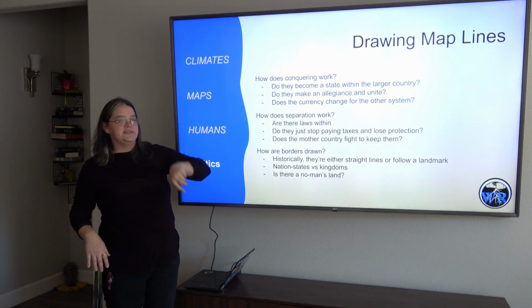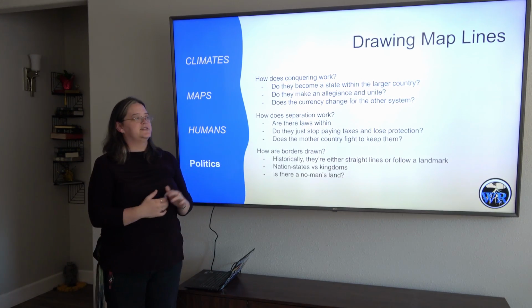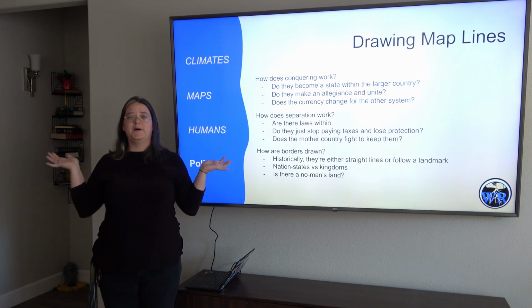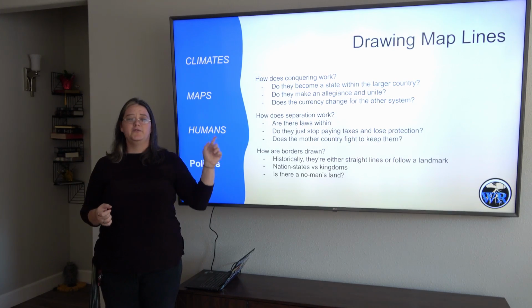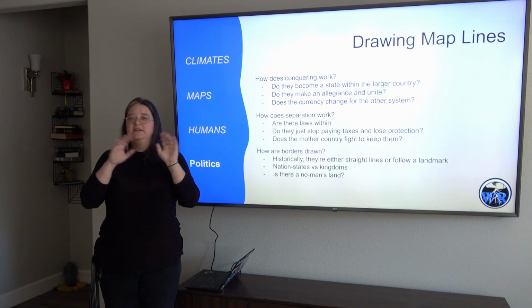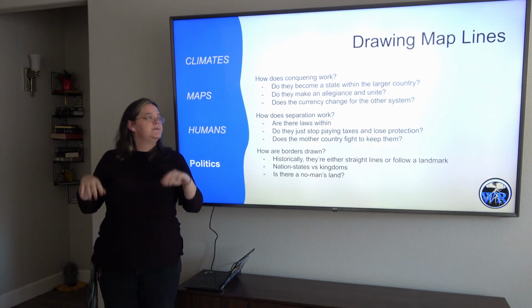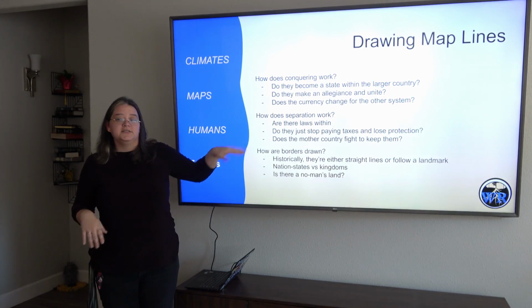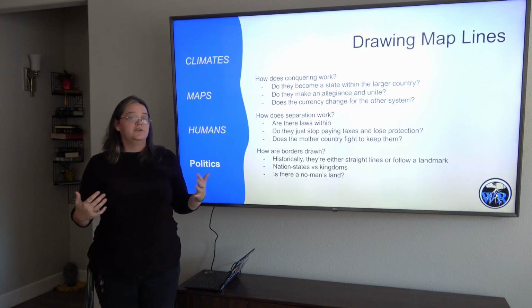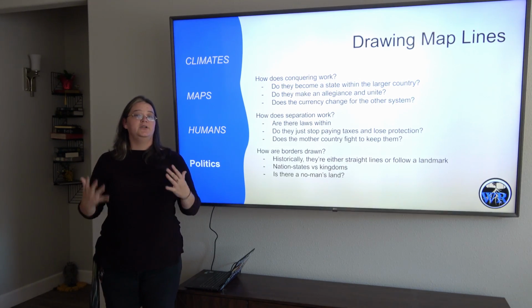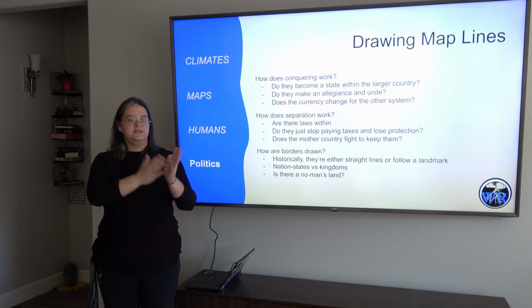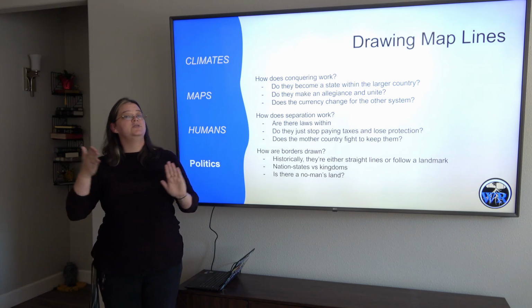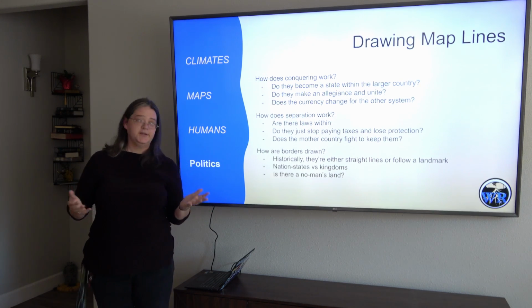And then how does separation work? If the Scots want to say, hey, I don't want to be part of England, I'm just going to go be over here and all you English folks can just buzz off. Are there laws to separate? We have those in the US. If we want to create a new state, there are laws and hurdles that need to be passed in order to do that legally and peacefully.